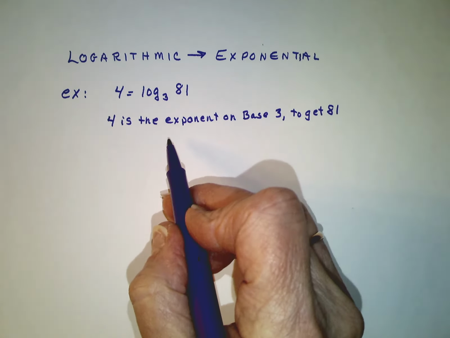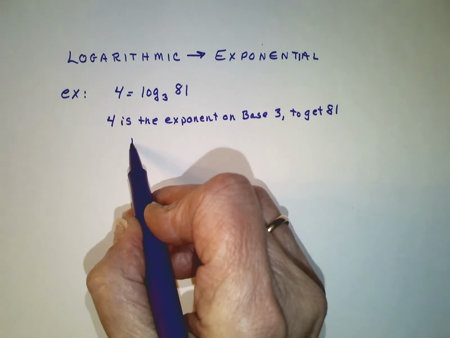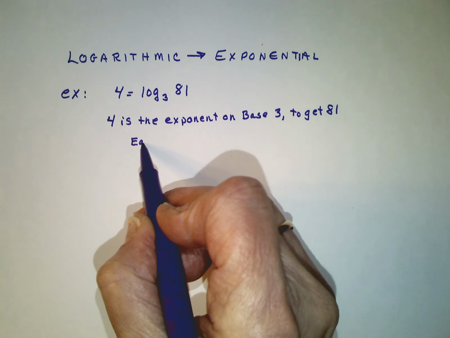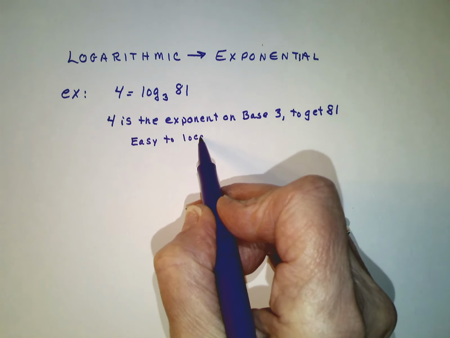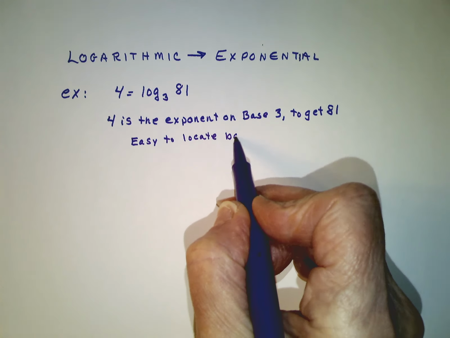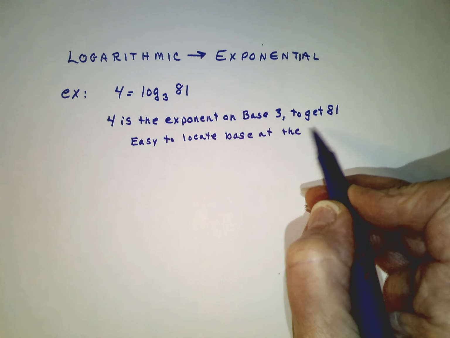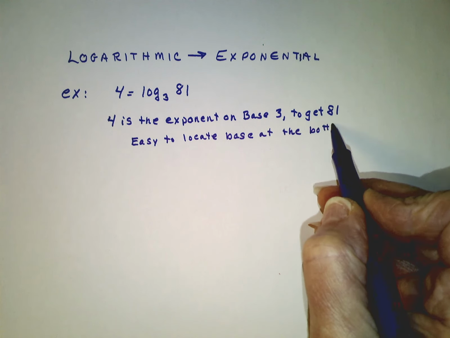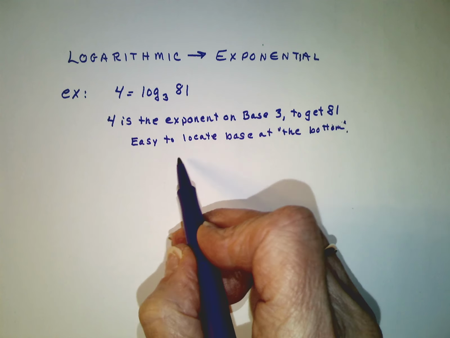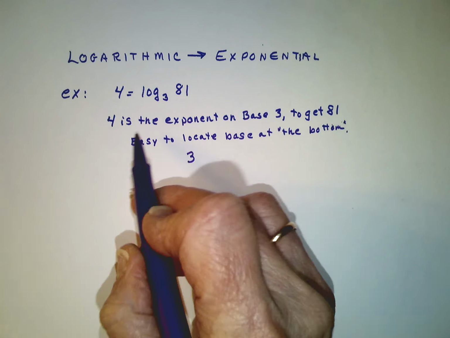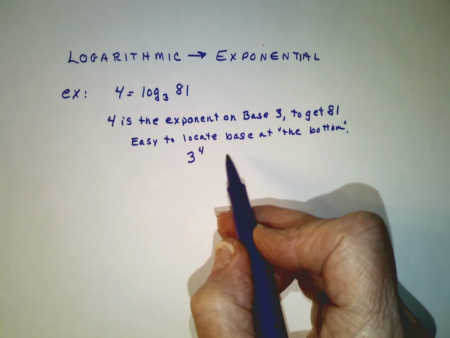So the easiest thing to pick off is base 3. Base 3 is at the bottom. So we know we're going to have 3, that's our base. 4 is the exponent, so it's going to be raised to the 4th power.